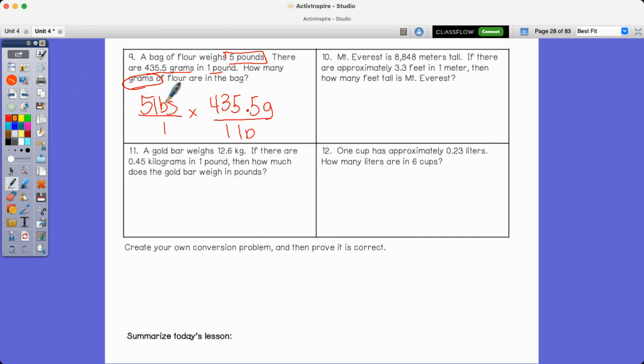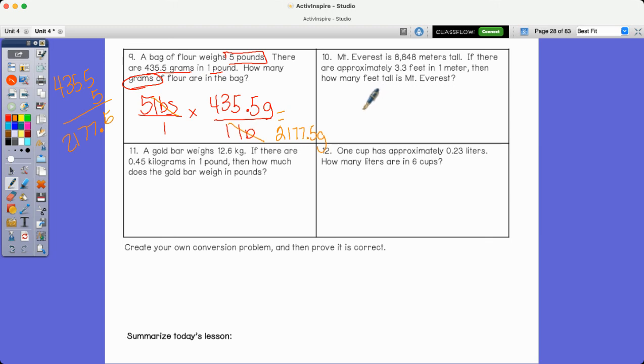Now I can cancel out my pounds and I am left with just grams. And we do 435.5 times 5. 1 decimal place in. My answer is 2,177.5 grams.